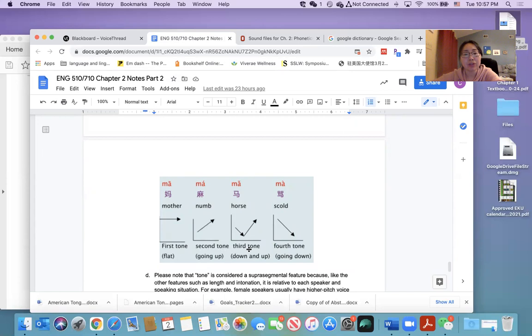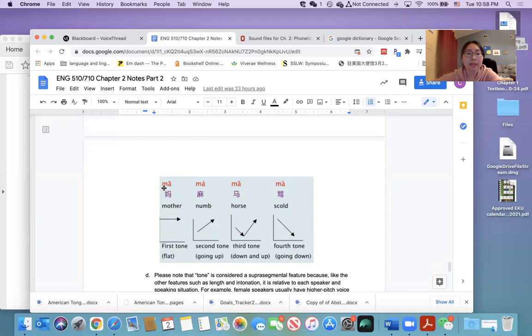If the pitch first starts at a somewhat higher position, goes down, and then goes up again, then it's called a contour or third tone. The fourth tone starts at a higher pitch and then lowers dramatically, and it's called the falling or fourth tone. Ma starts at a higher pitch, then goes to a lower pitch, okay?